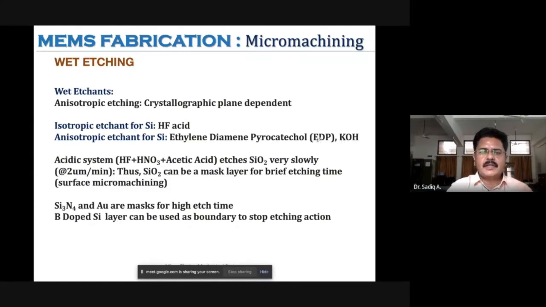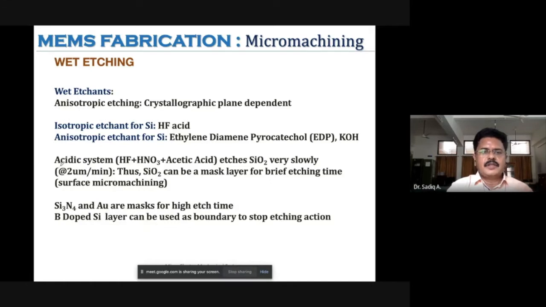These are etchants that work in an anisotropic fashion on silicon. From this, it's clear that for the same substrate itself, depending on the chemical that is used, the kind of etching can be isotropic or anisotropic. That is, in certain cases, it will be crystallographic orientation dependent. In other cases, it may not be dependent.